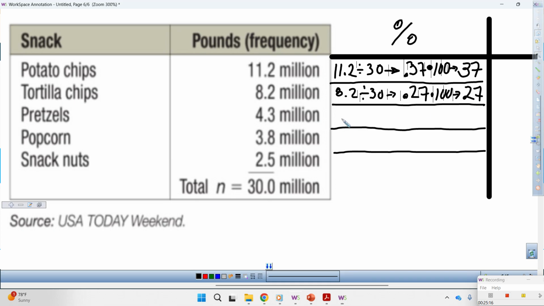All right. Next, 4.3 divided by 30. 0.14. So it's 0.14 times 100. That gives us 14%. Then we got 3.8 divided by 30.